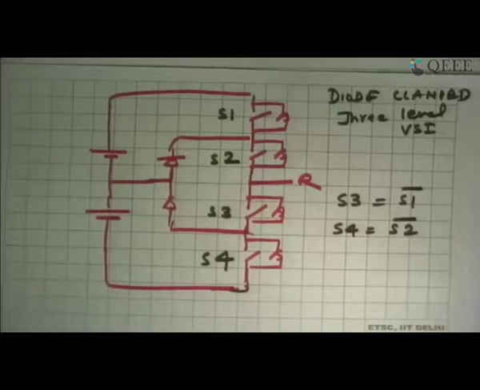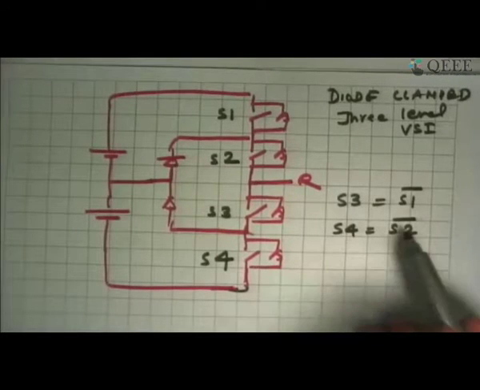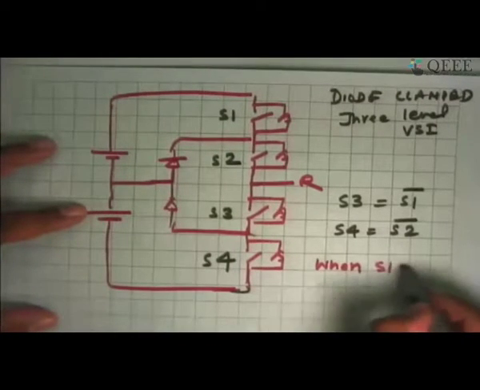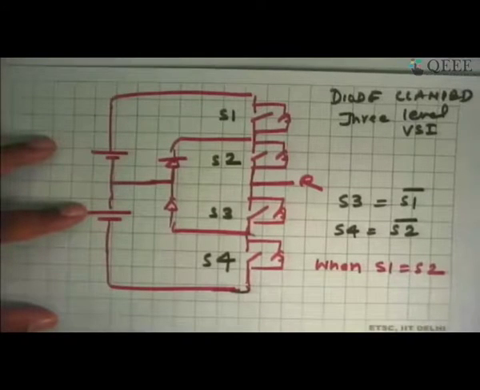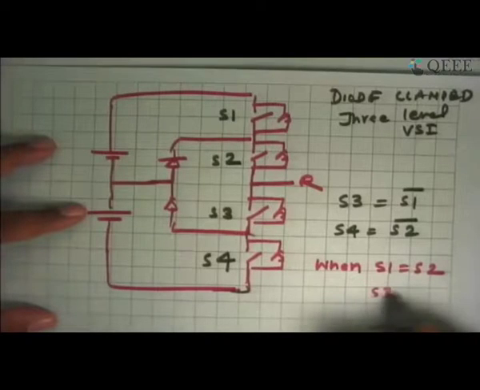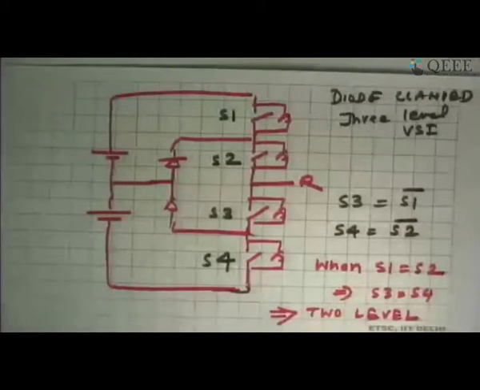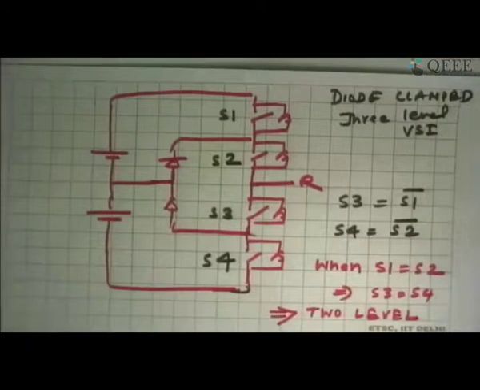So here S3 is complement of S1, S4 is complement of S2. So actually when S1 and S2 are switching together, and S3, S4 are anyway complement of those, they will again be the same.